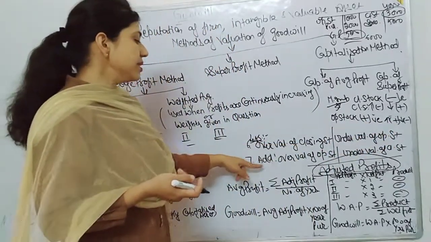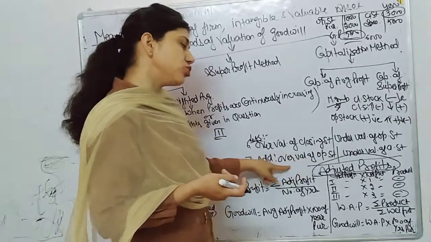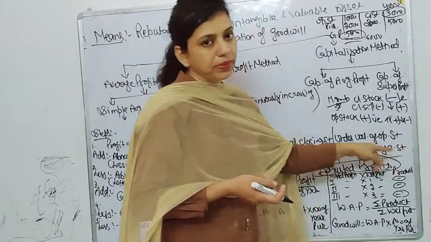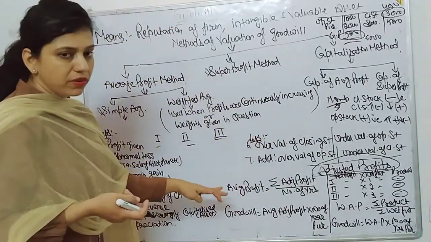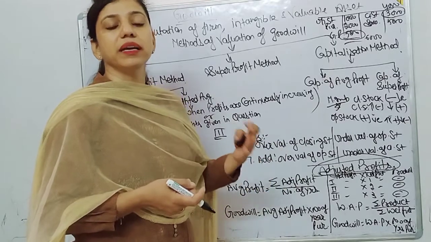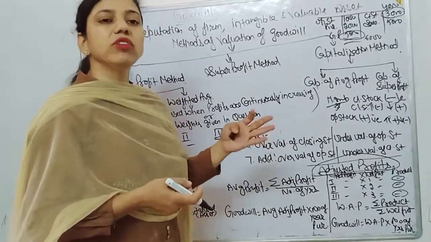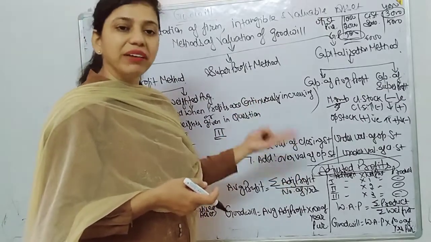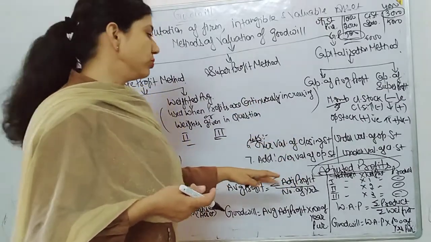So last, overvaluation of opening stock should be added and undervaluation of closing stock should be added. It is not necessary that these 7 steps are given in every question. There can be 3 or 4 points, but I discussed all the points so that when any point comes, you can easily do it.